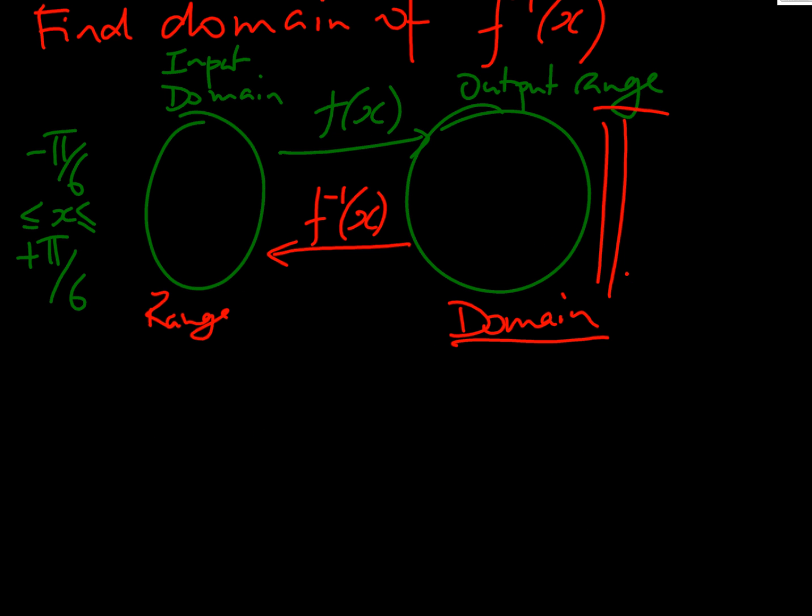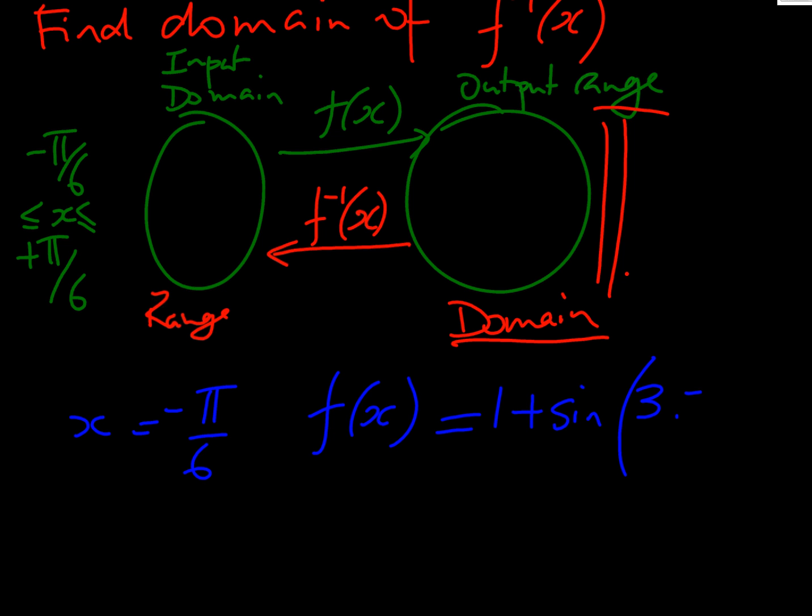I'm going to do this in blue so we can see it. So on our input range, when x equals minus pi over 6, then f of x is going to be 1 plus 2 times the sine of 3 times minus pi over 6, which is 1 plus 2 times the sine of minus pi over 2.